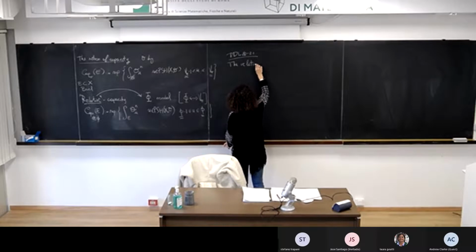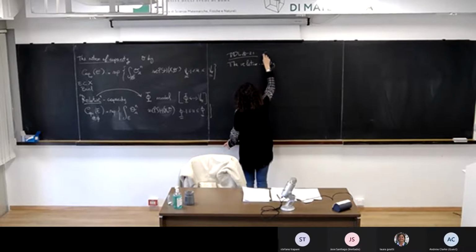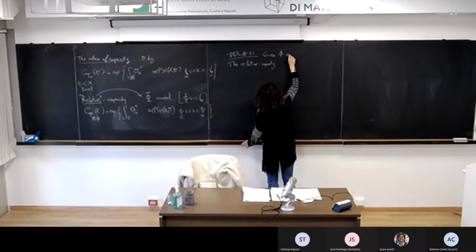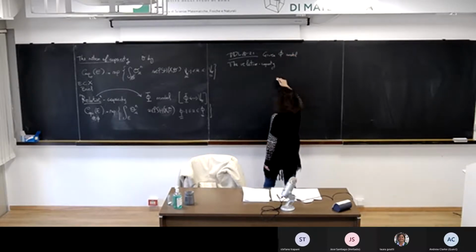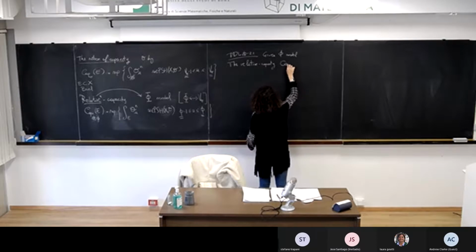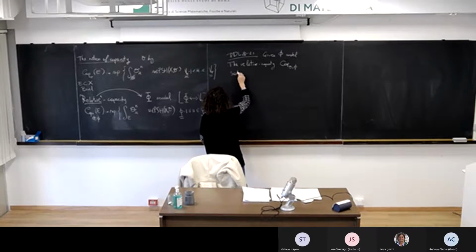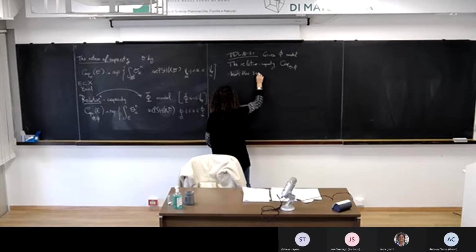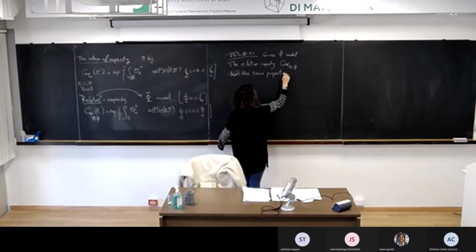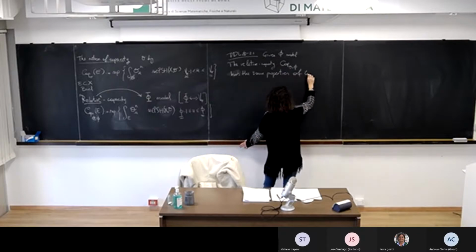So the relative capacity, given phi model, the relative capacity cap_theta,phi satisfies the same properties of the classical one.